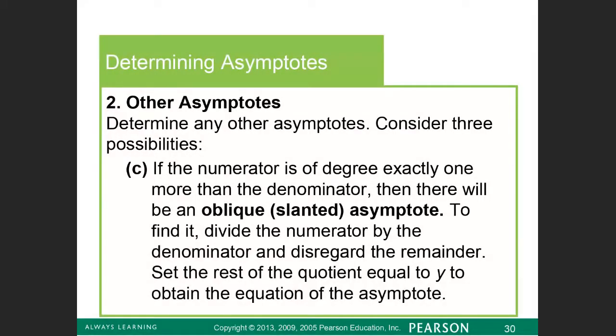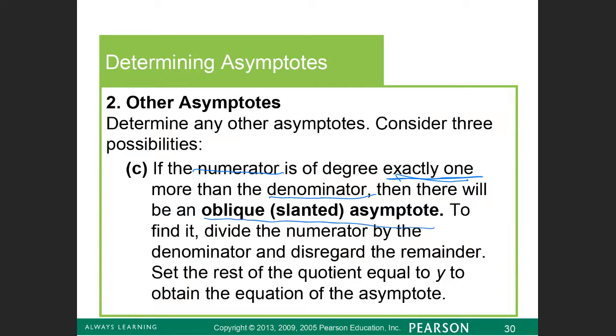Here it says if the numerator is of degree exactly 1 more than the denominator, so you have the degree here, it's exactly 1 more than the denominator. So that's the numerator there, and the denominator. Then there will be an oblique or slanted asymptote.